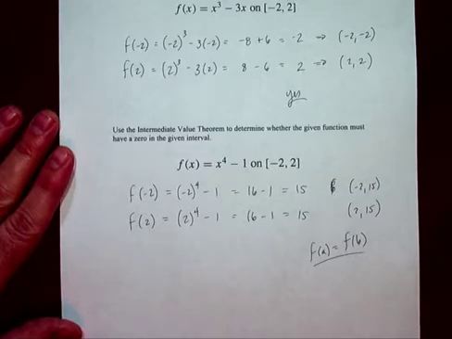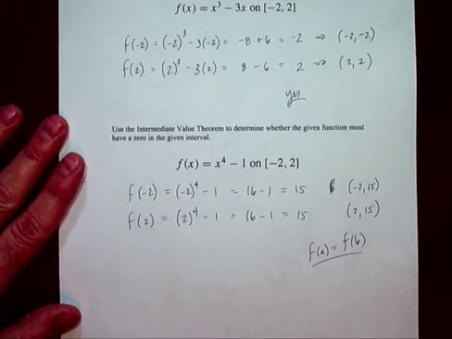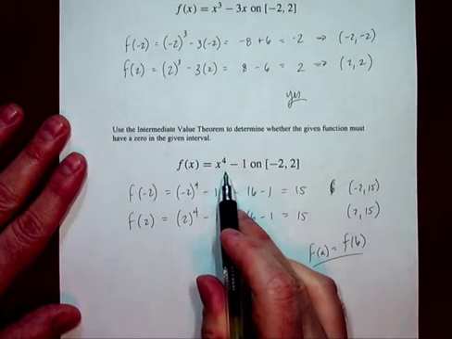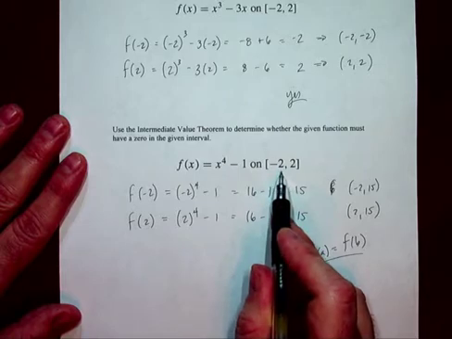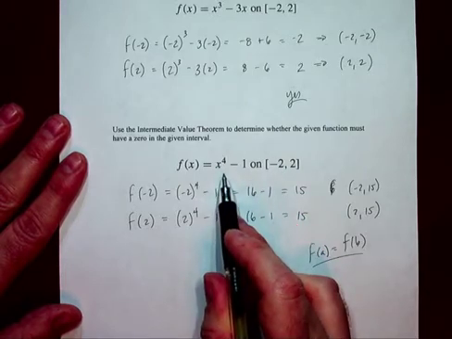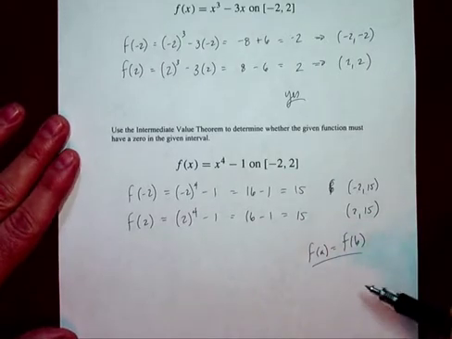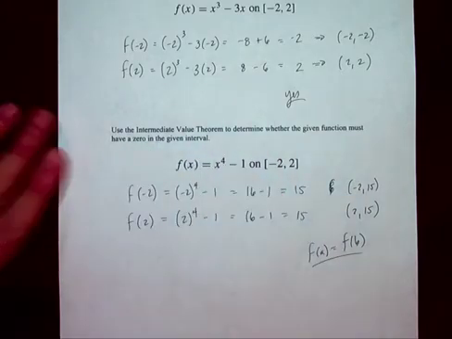Now, simply because it doesn't apply, does that mean that I don't have zeros? No, and in fact, you have zeros on this interval. You have one at 1 and one at -1, which are both inside this interval. And you can get that by factoring. All that's going on here is the fact that you are not guaranteed those zeros using the intermediate value theorem.